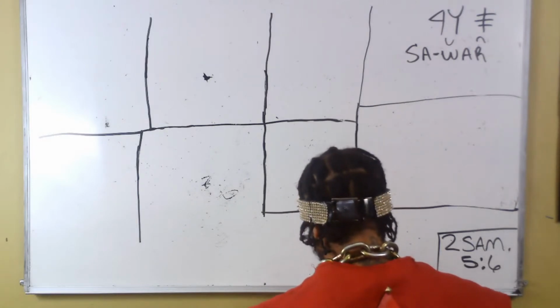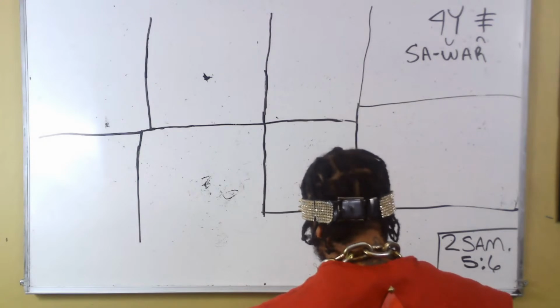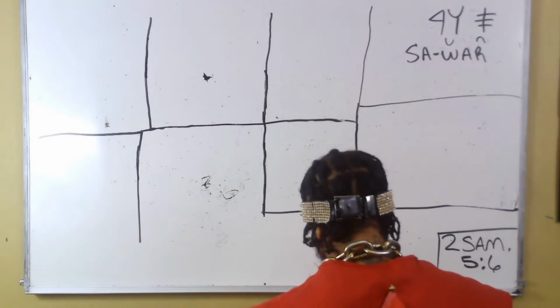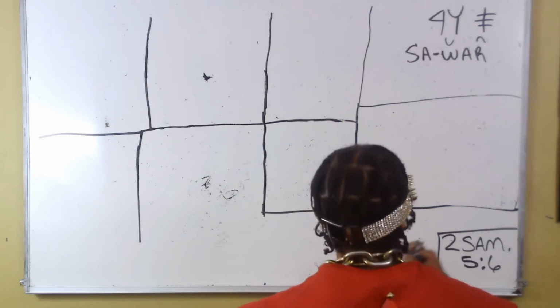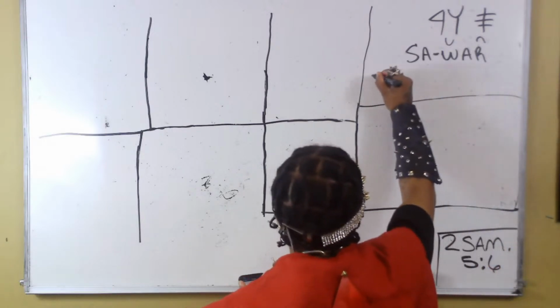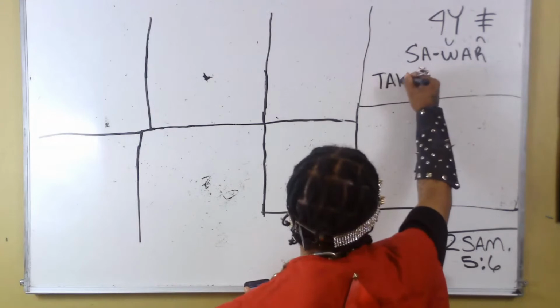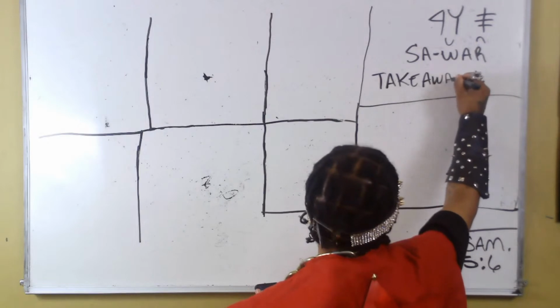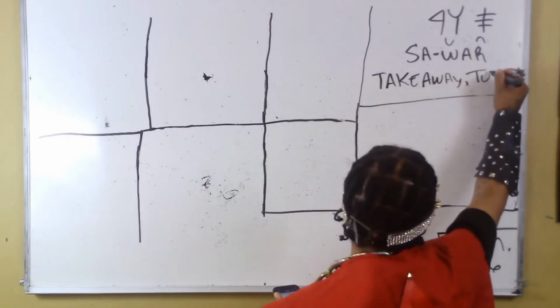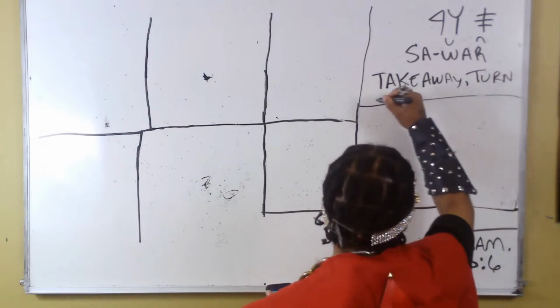I think I gave y'all the meaning for Sawar. Hold on, let me just make sure. I put up the word Ivor, and I believe I gave you the meaning for Sawar. Yeah, Ivor was blind. So Sawar was take away, turn aside. Turn aside and depart. Okay.